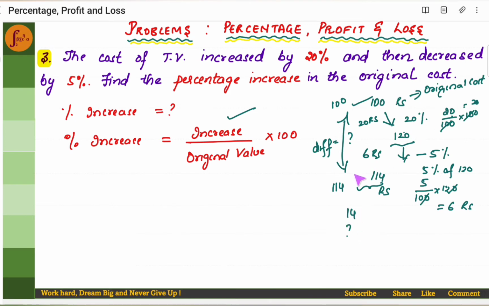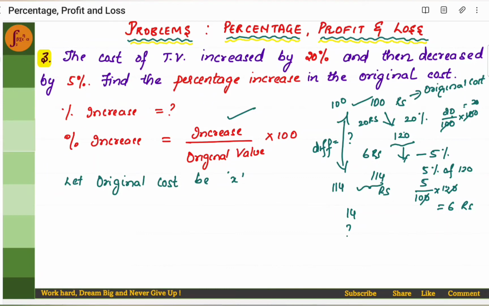Now I just gave an example to understand this particular problem. We assumed that the original cost is 100, but that is just for an example. We don't know the original cost. So let us assume the original cost be X, and we need to find the percentage increase. We know the formula for percent increase: increase by original value into 100.